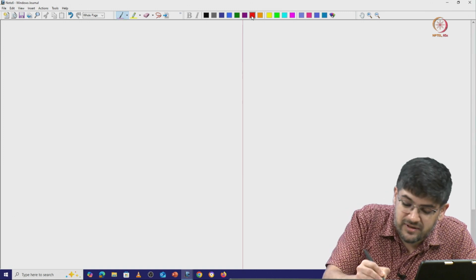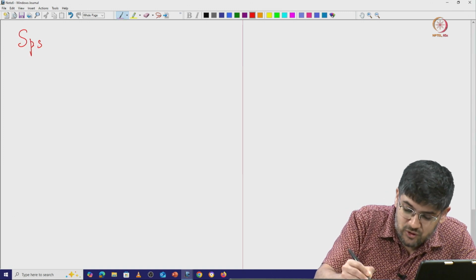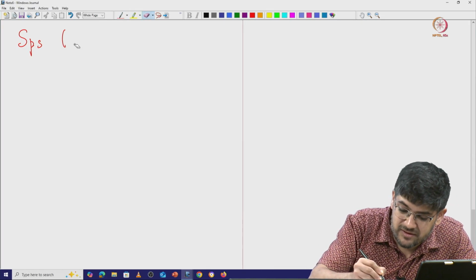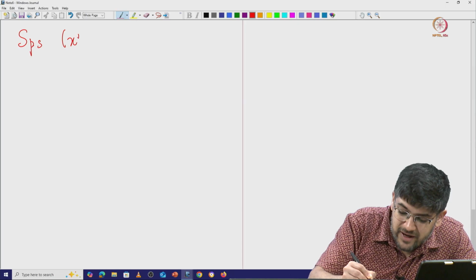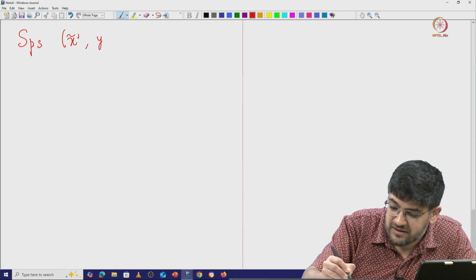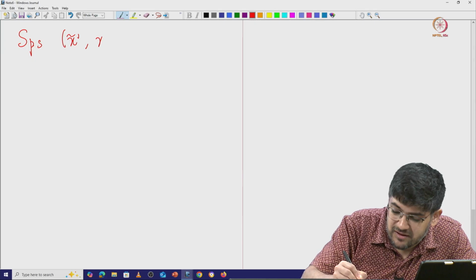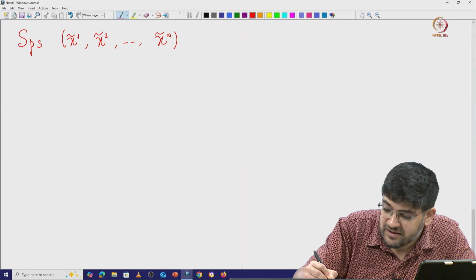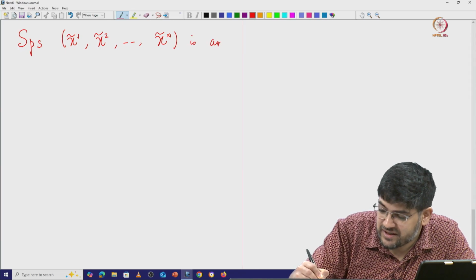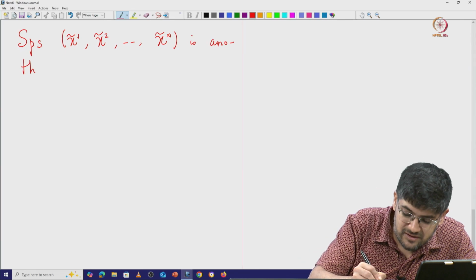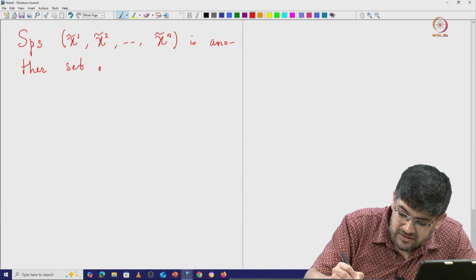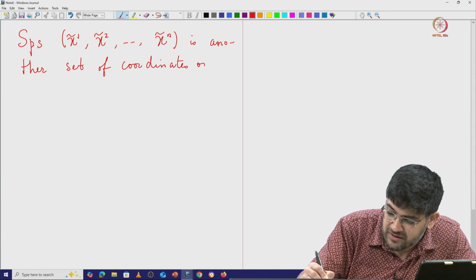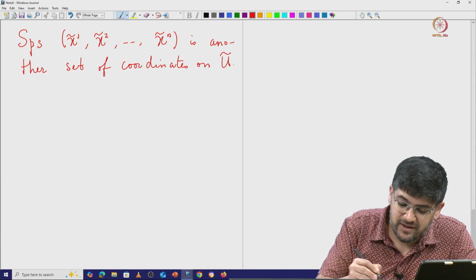So suppose x̃^1, x̃^2, up to x̃^n is another set of coordinates on some neighborhood Ũ, right.